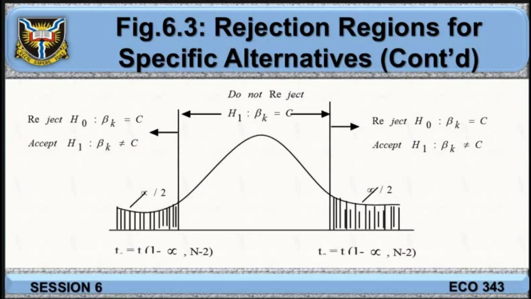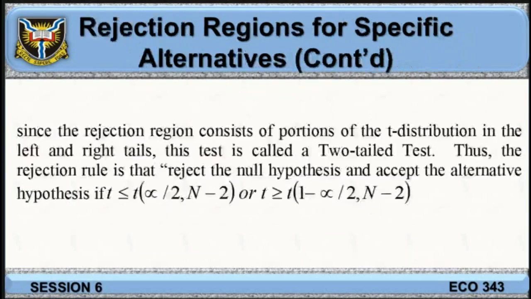Since the rejection region consists of portions of the t distribution in the left and right tails, this test is called a two-tailed test. Thus, the rejection rule is to reject the null hypothesis and accept the alternative hypothesis if t is less than or equal to t(alpha over 2, n minus 2), or t is greater than or equal to t(1 minus alpha over 2, n minus 2).